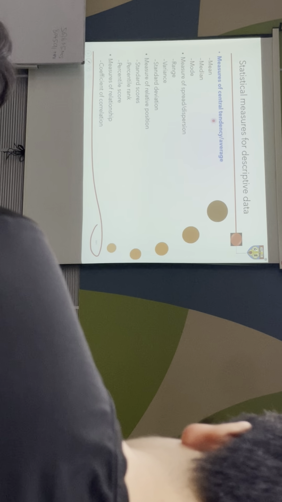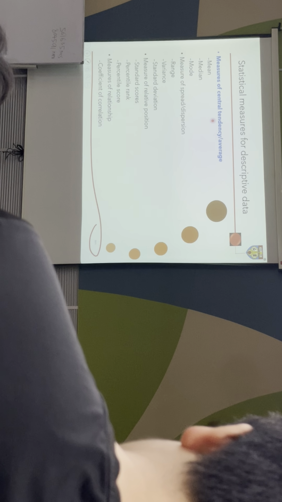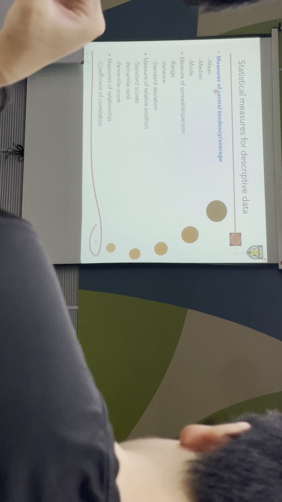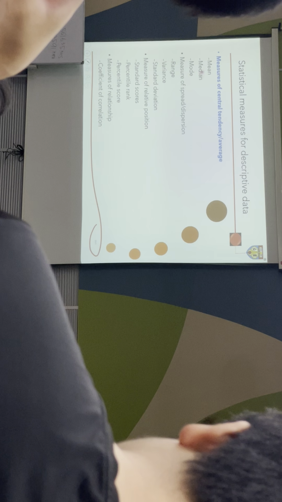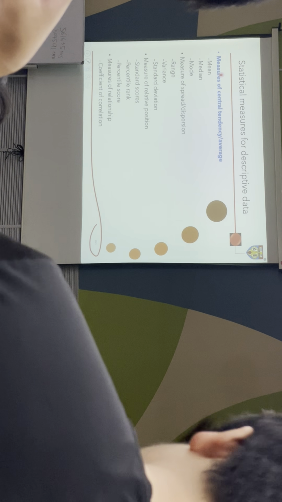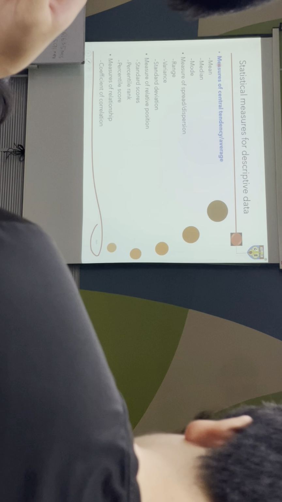For example, if we have 10 values, you sum all of your 10 values and then divide by the total number. So that is the mean, the arithmetic average.